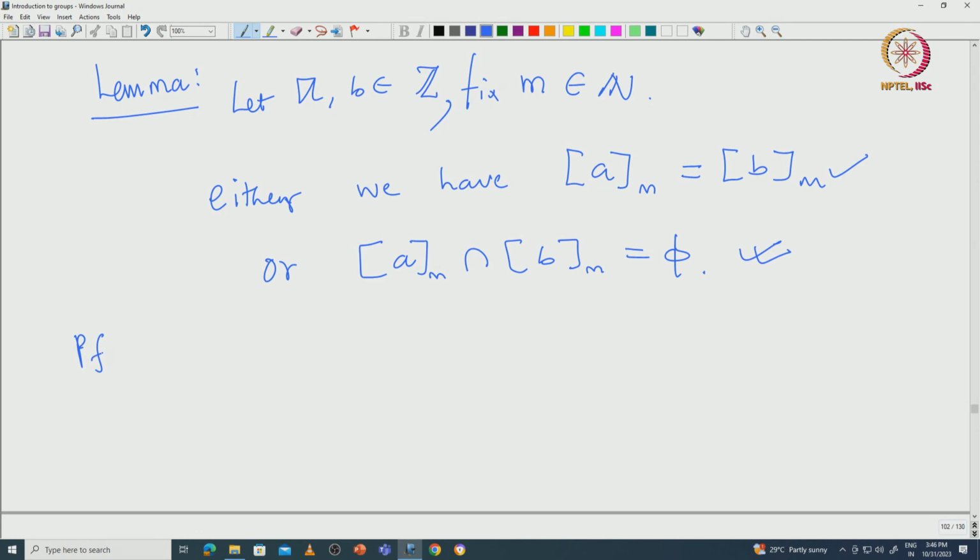So how do you prove this? This just uses the elementary properties of the congruence relation. If the intersection is empty, then there is nothing to prove. So start with the intersection being non-empty. Assume that the class of a modulo m intersected with the class of b modulo m is non-empty.